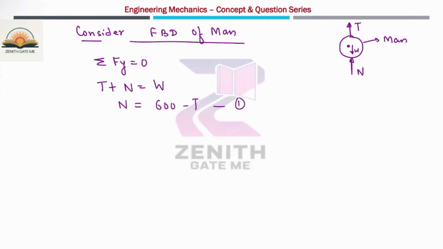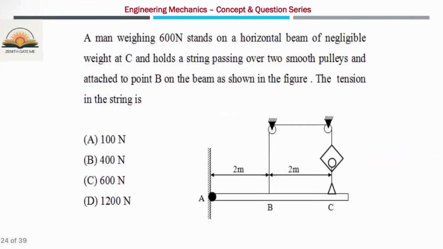Now you will draw the free body diagram of this beam. The same normal reaction will act here. Now you can see what the forces are: one normal reaction, another is the tension, and there will be two reactions at this point because it is a hinge joint. But there is no horizontal force acting on this beam, so the horizontal reaction will be 0.